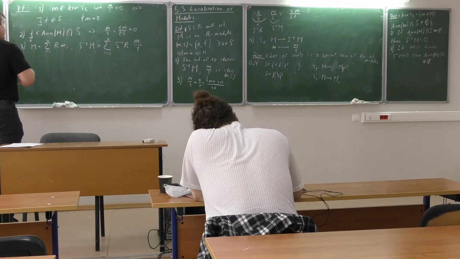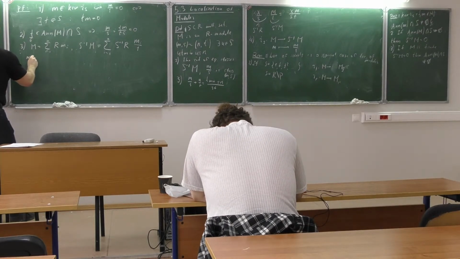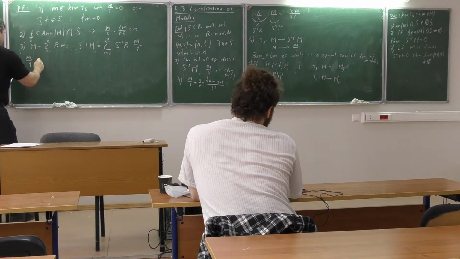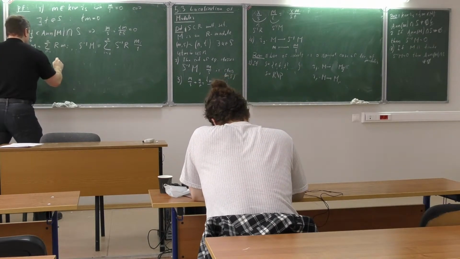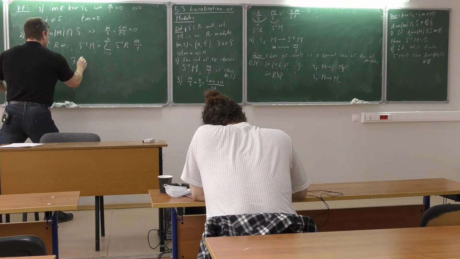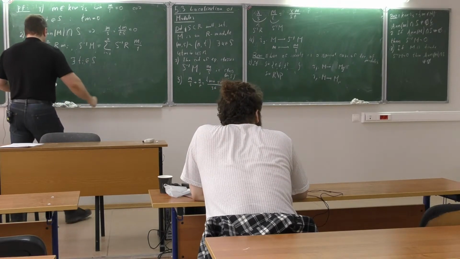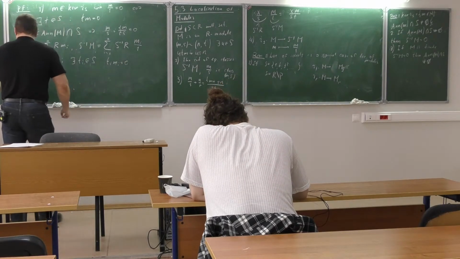And I know that the localization is 0, so every generator is 0. It means that for any i, there is an element t_i in the multiplicative set such that t_i m_i is equal to 0.